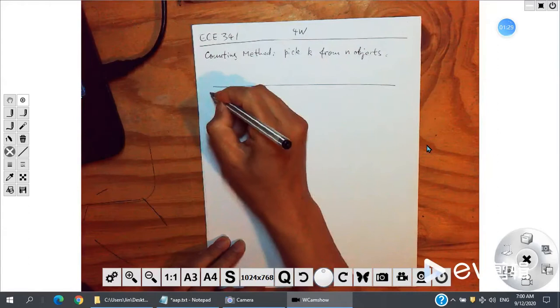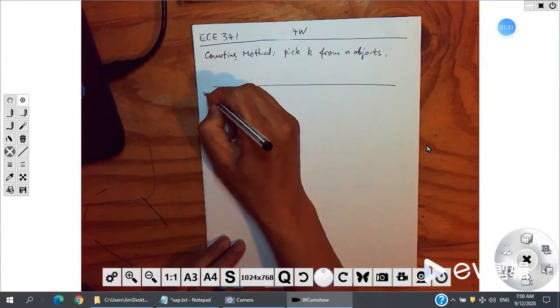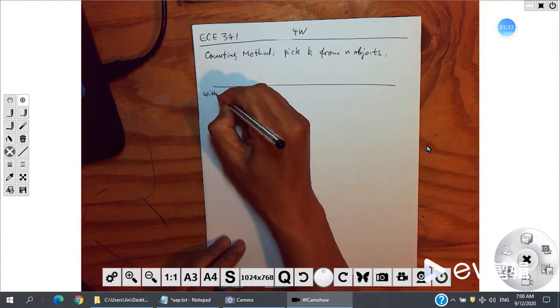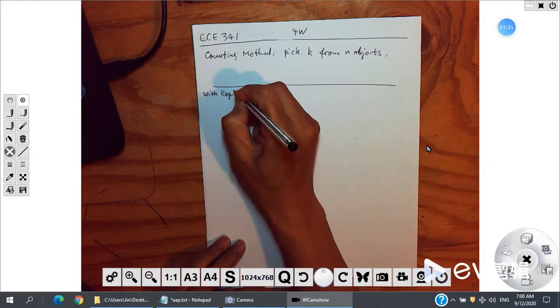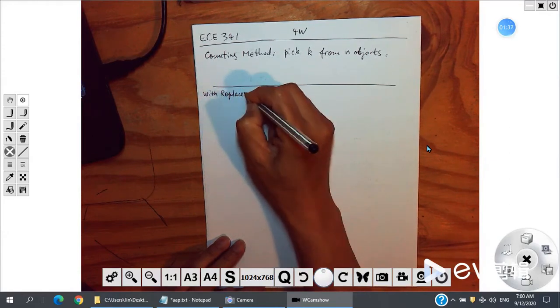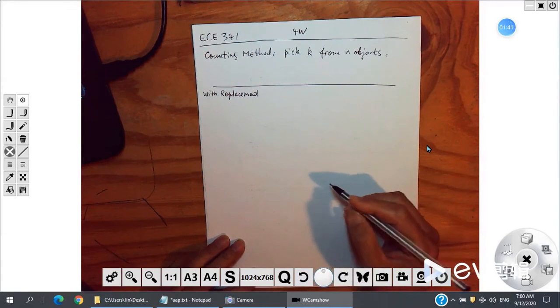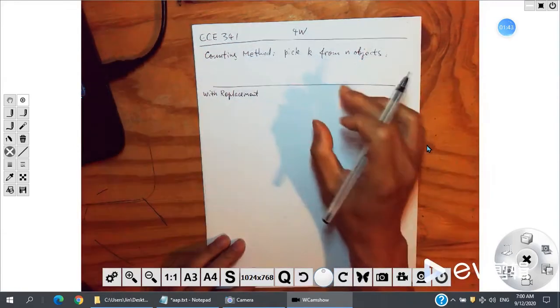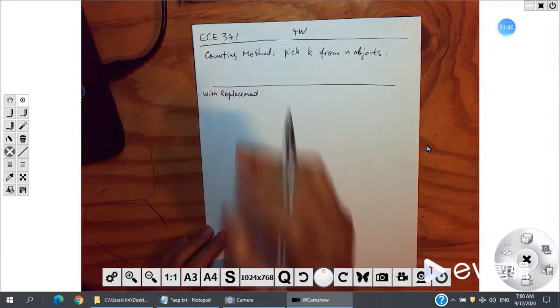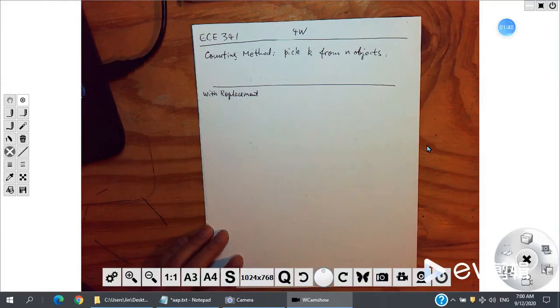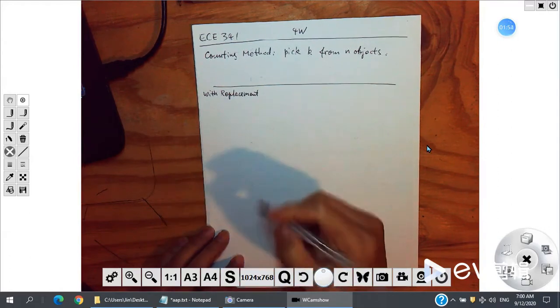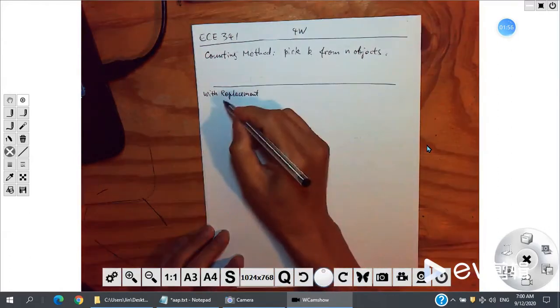The first one we consider is with replacement. Think like you have a box with n objects in it. When you pick one out, you put it back, then pick another one. So every time you put it back, with replacement.